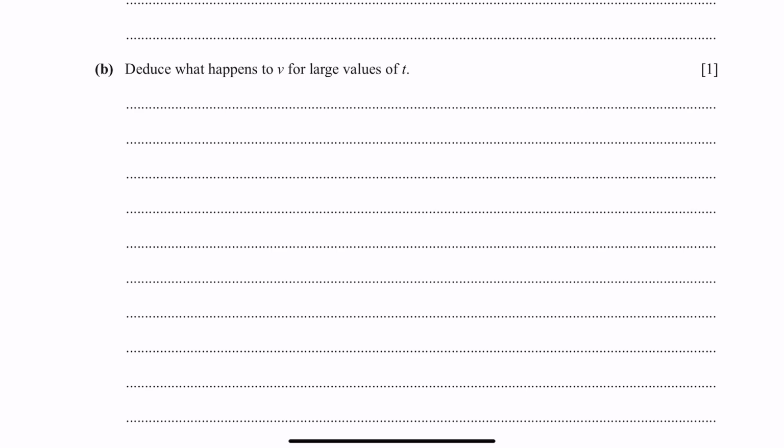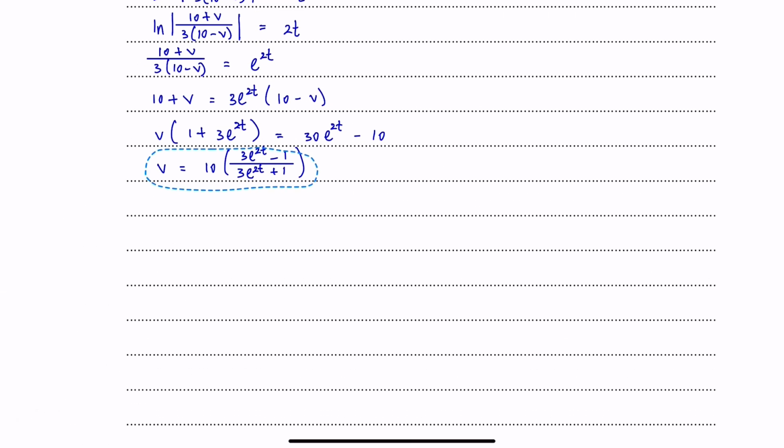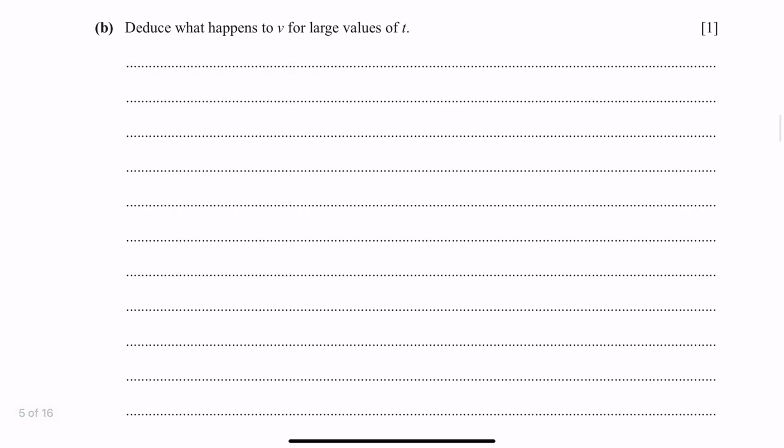Part B. Deduce what happens to v for large values of t. So v is this, and from here we can't really see what's going to happen when t has a large value. So we're going to change it.